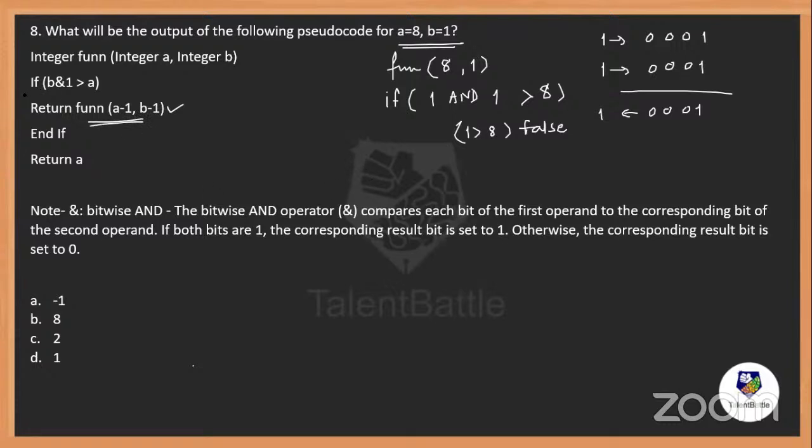It will directly go and return the value of a, which is 8. So it will return 8. And finally answer will be option B, that is 8. Yes. So this is how we can work on the pseudocode section.